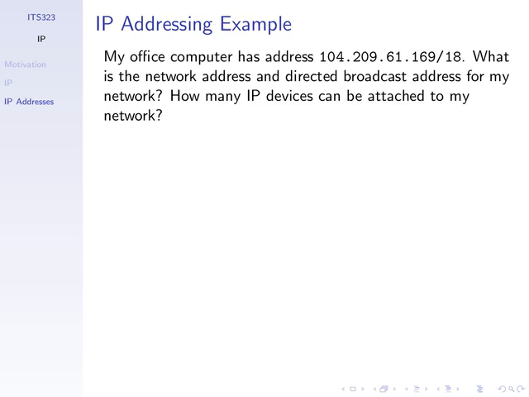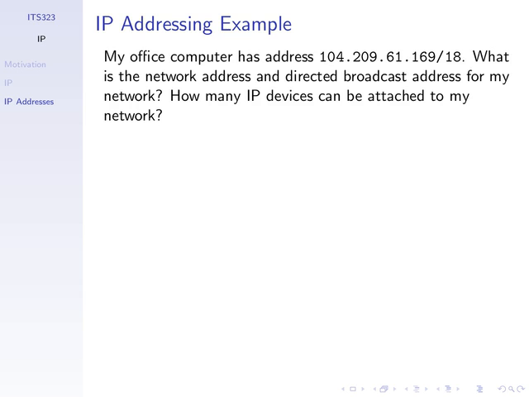Coming back to how many devices are attached to a particular subnet. We said if we have 6 bits for the host portion, we have 64 possible hosts, 64 possible devices. Except 2 of those addresses are reserved for special cases.